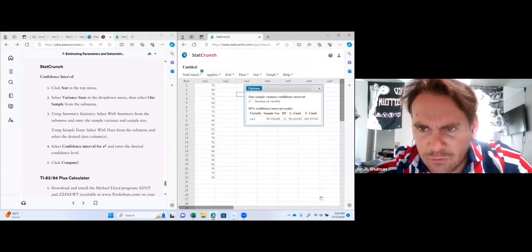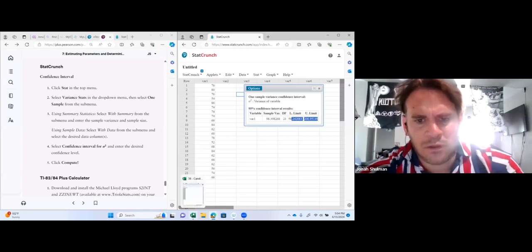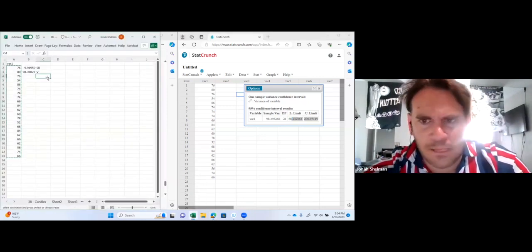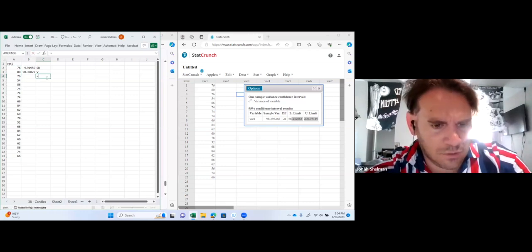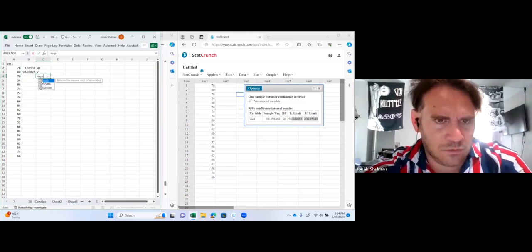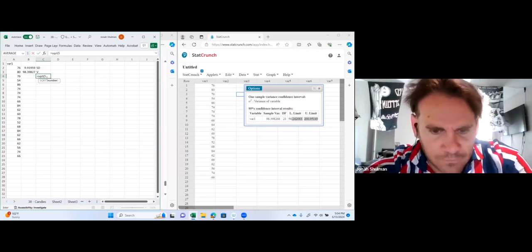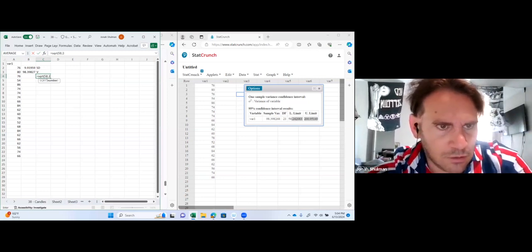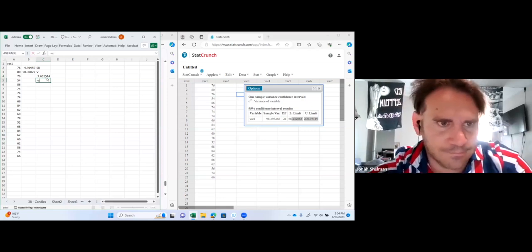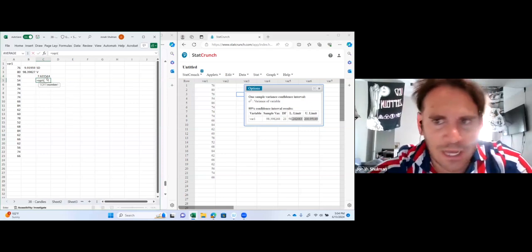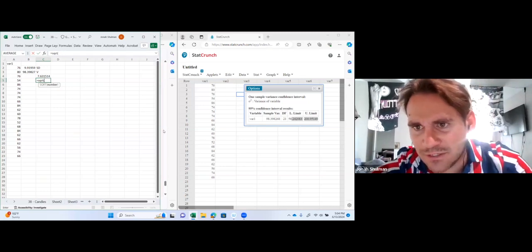But why was it off? Why is the lower limit 25 and the upper limit 200? Wait a minute. What is the square root? Ah, because this is for variance, not the standard deviation.